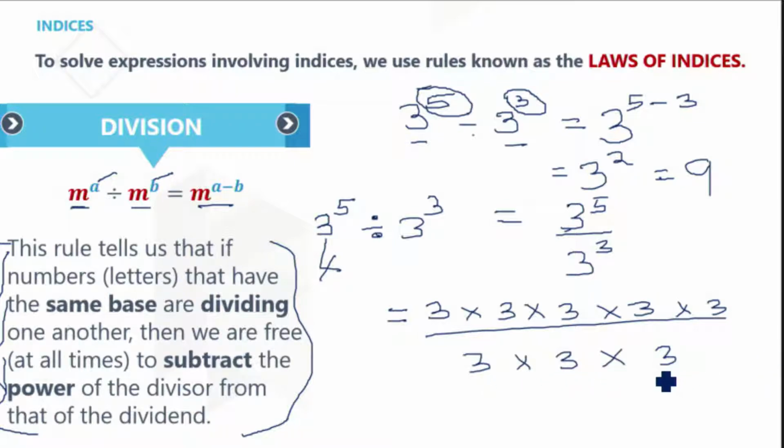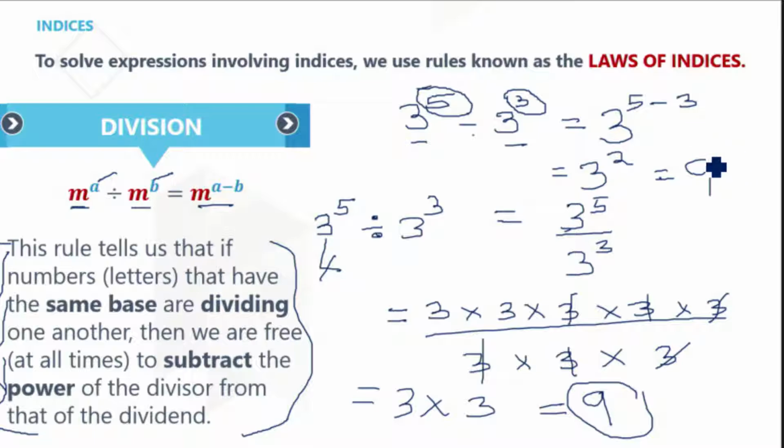We can cancel out three of the 3's, and we're left with 2 3's on top, and that's 3 times 3, which is equal to 9. So verifying with this example, we can see that we got the same answer. Again, there is nothing wrong with the division law.